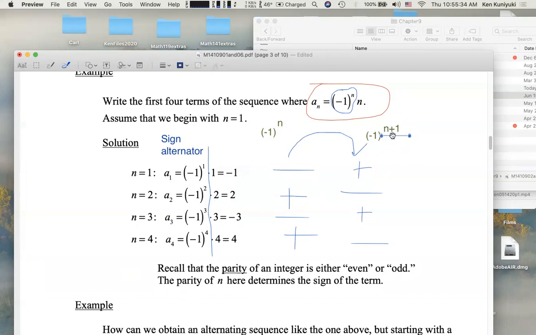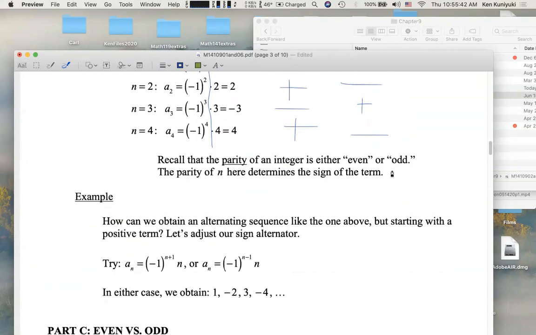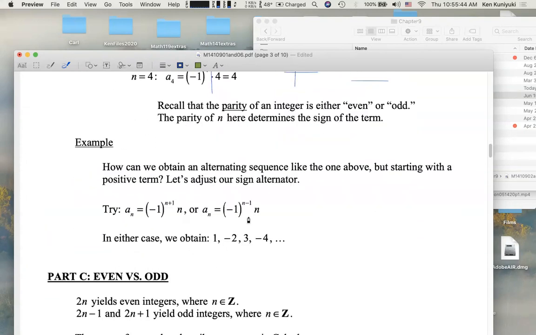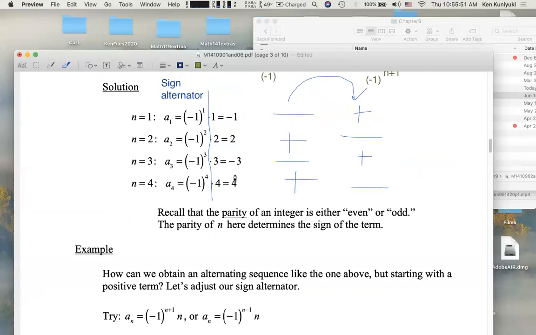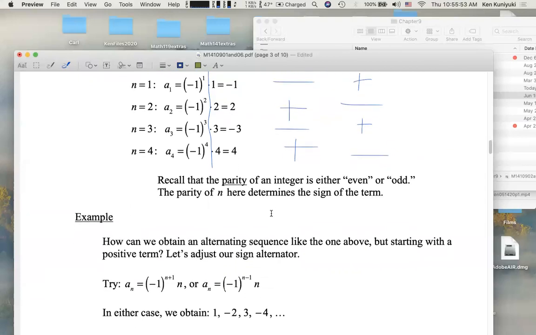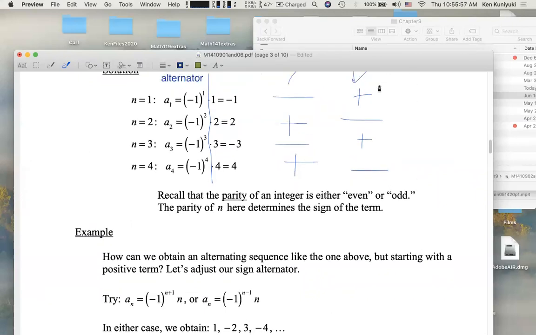In other words, if n is odd, how do we switch parity? We can add 1 to the exponent, or we can subtract 1 also. So this would also work, and we get the same sequence as this one over here, where we basically flip all the signs. So we get positive 1, negative 2, positive 3, negative 4. It's this other sign pattern here.